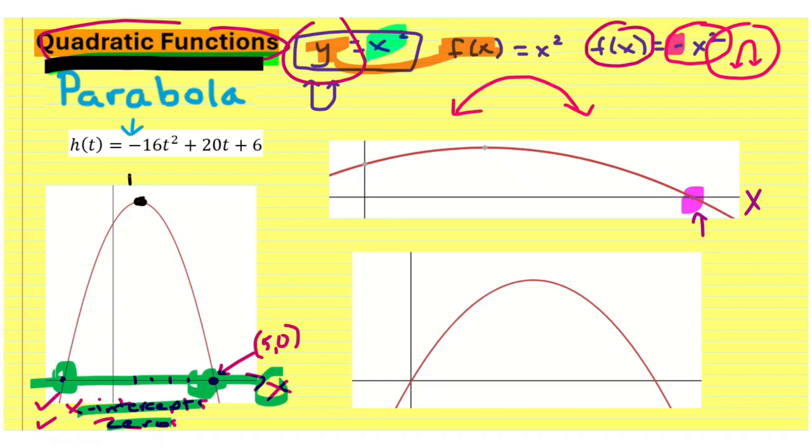In the real life context, we call that the maximum height or the maximum point of that curve where that ball was following the path. But in math language, we're going to call that point the vertex. So that means that our math vertex is going to help us find our real life maximum.